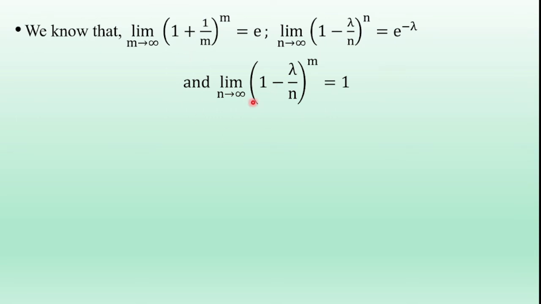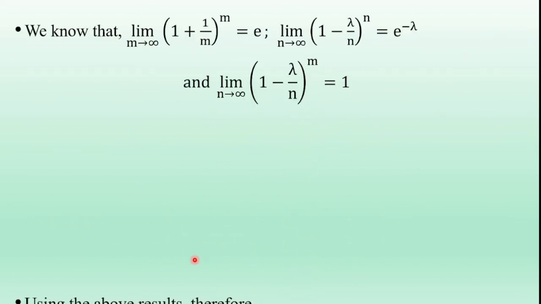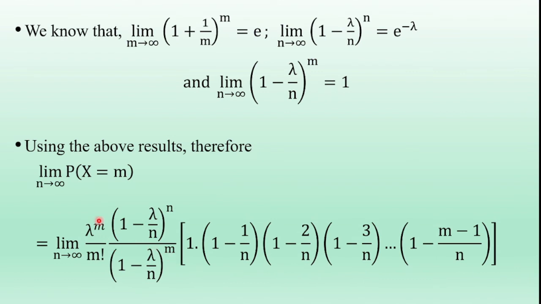Using them in the above expression, taking the limit n tends to infinity on both sides, we get limit n tends to infinity of the LHS term equal to limit n tends to infinity of the RHS term.